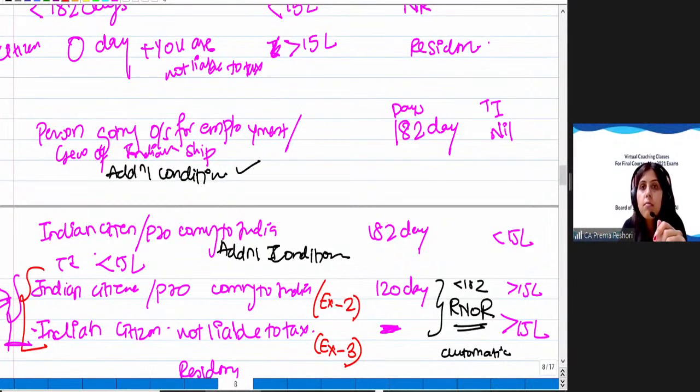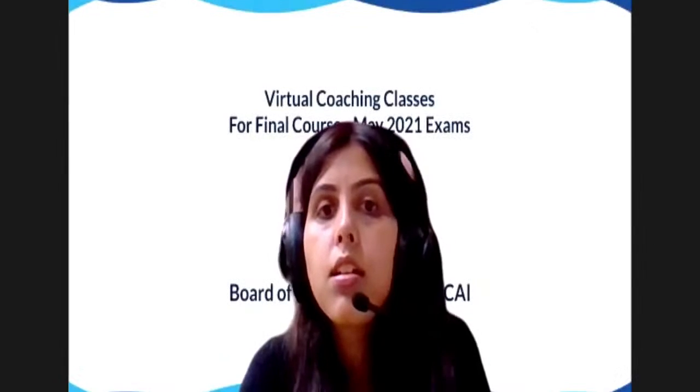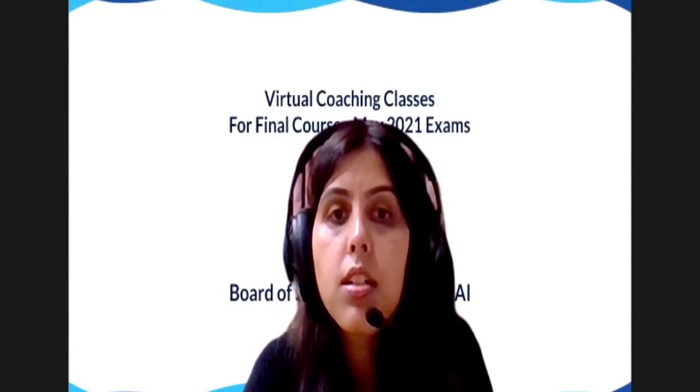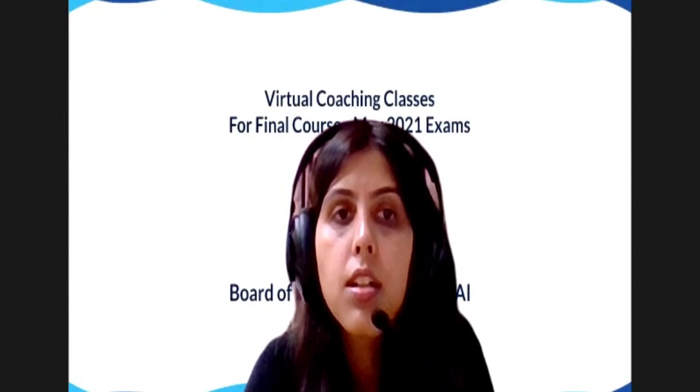Are you clear now? No, Dipti. As I said, he is a non-resident because his stay is less than 180 days. You don't need to apply the 120-day criteria. Clear?